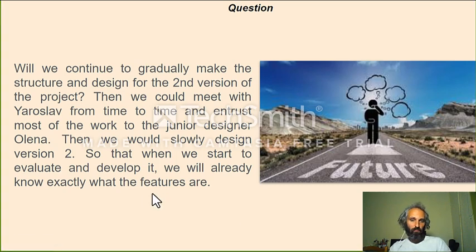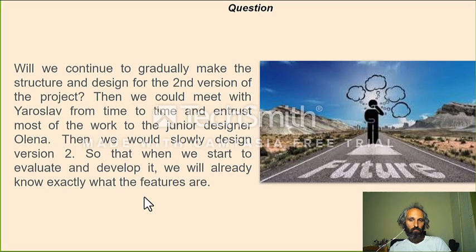Okay, and last slide, it's our question about design and structure of version 2. So we will continue to gradually make the structure and design for the second version of the project. Then we could meet with Yaroslav from time to time and entrust most of the work to the junior designer, Olena.